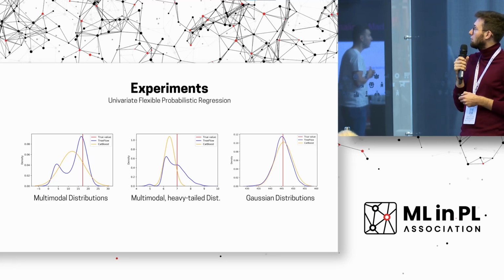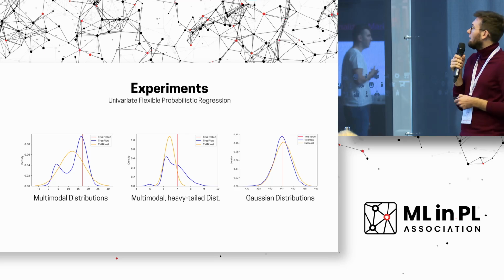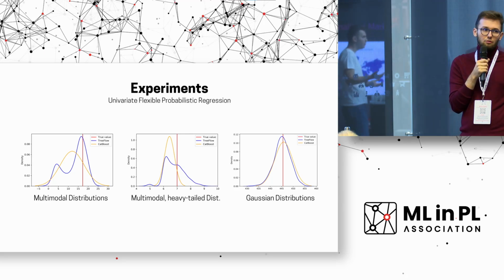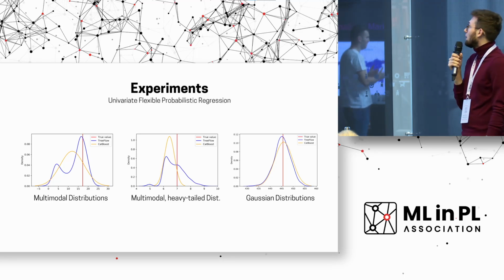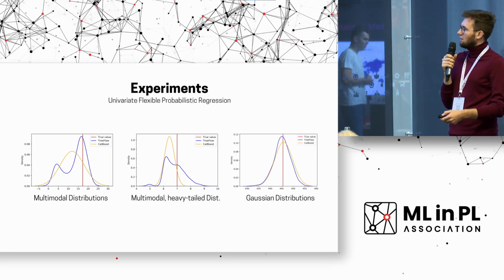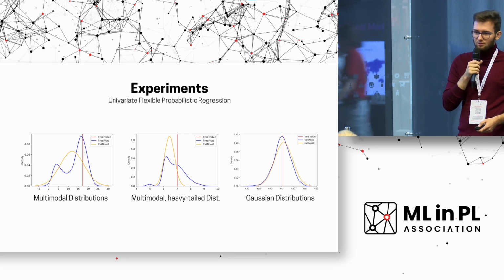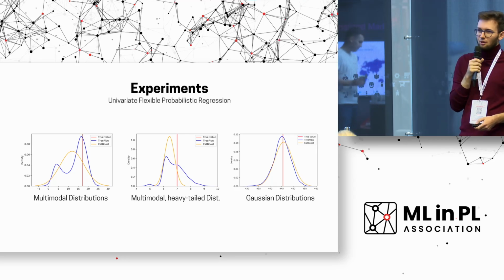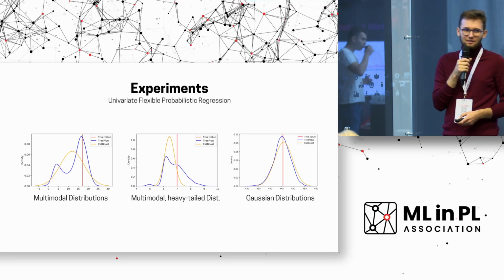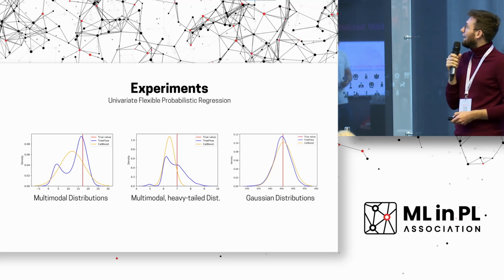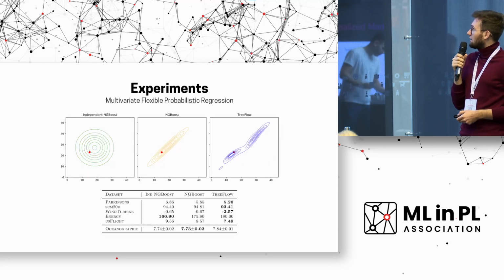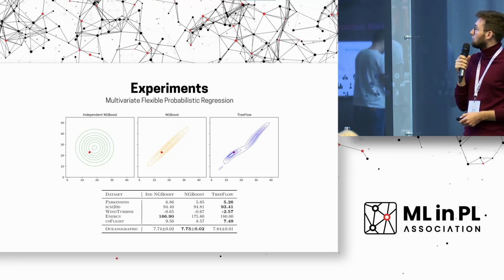On the other hand, if the underlying distribution seems to be Gaussian, the method also finds this Gaussian distribution. In terms of the quantitative results, feel free to come to the poster session to see them. Here I've got the tables.